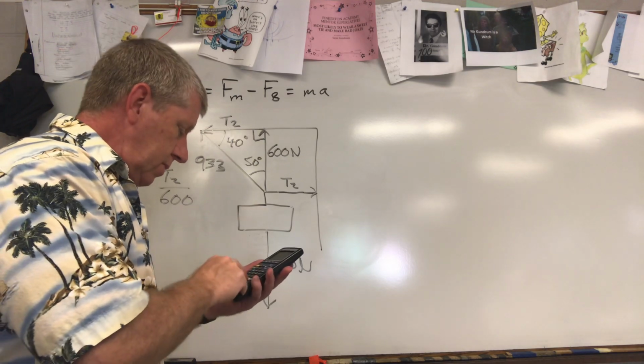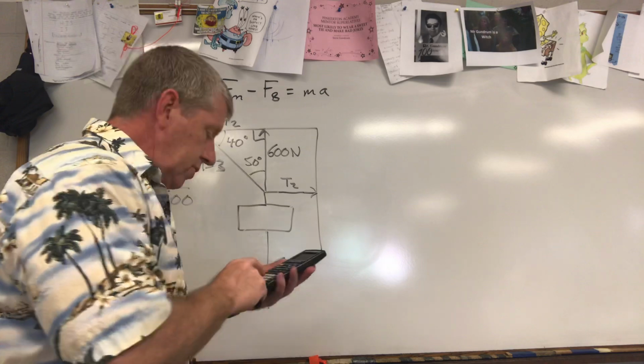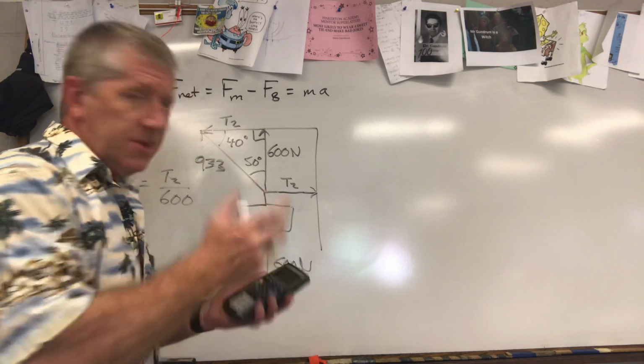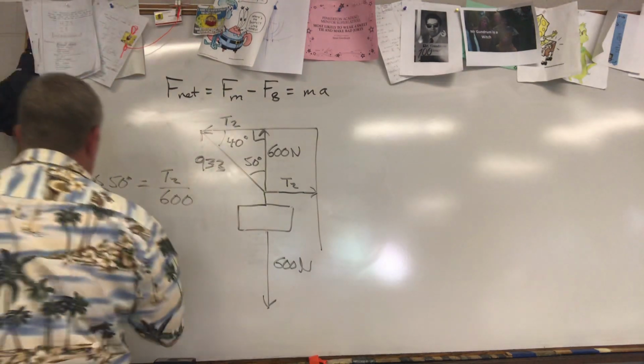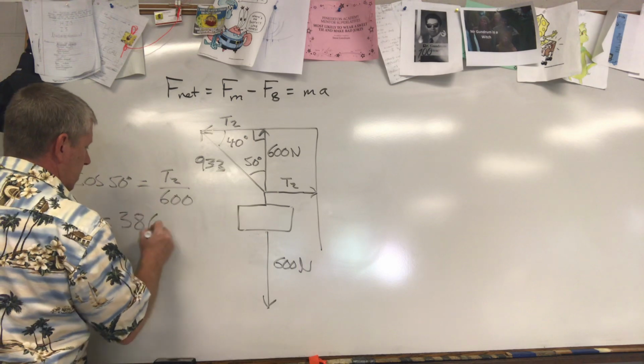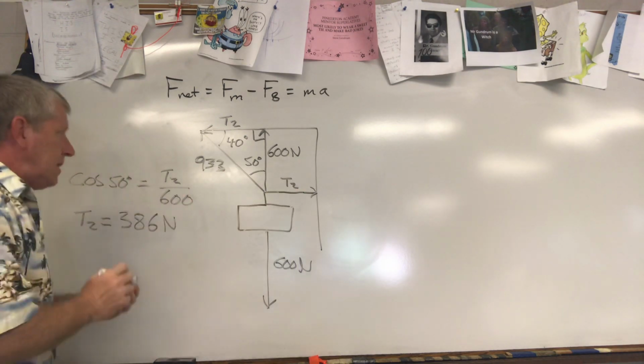Cosine of 50 times 600, and we get 386. We'll round it to 386. So the tension here is 386 newtons. So cable 2 is pulling this way with 386.